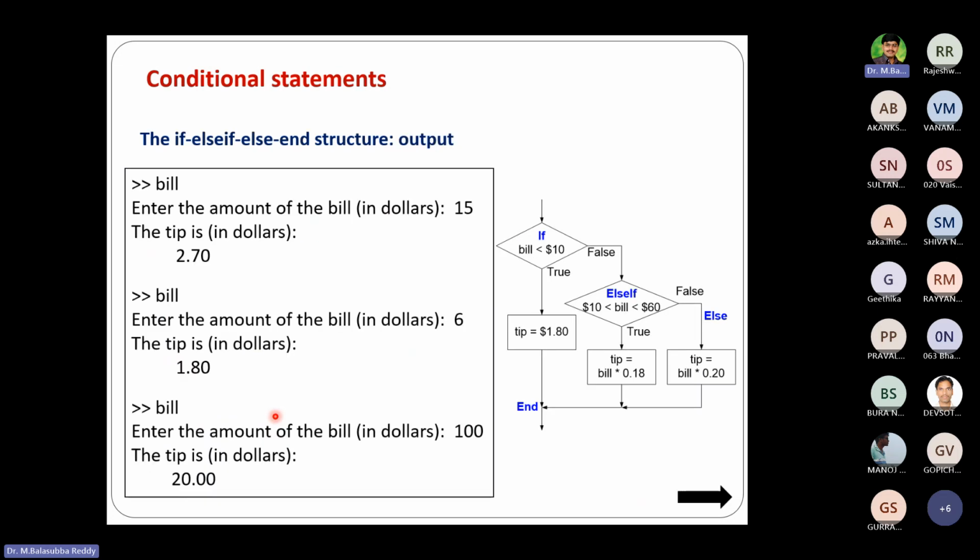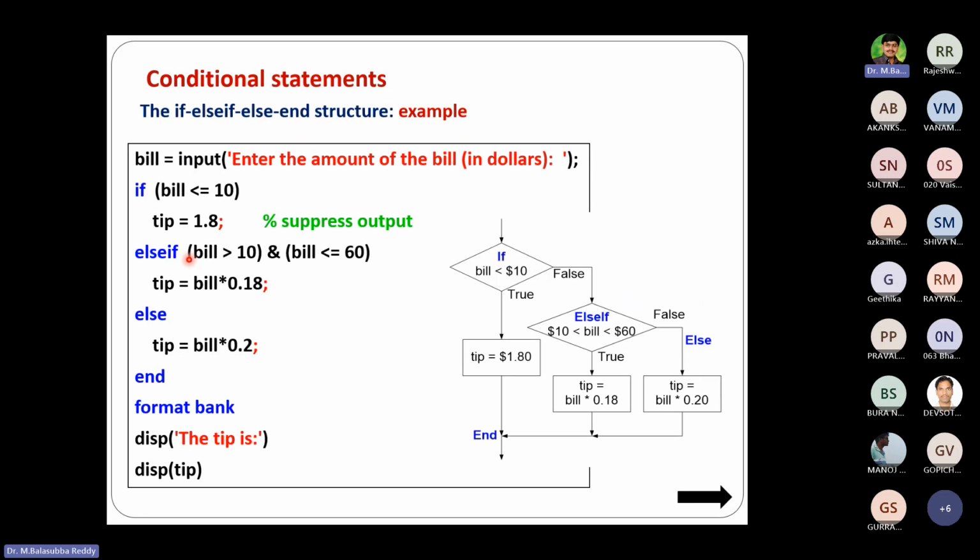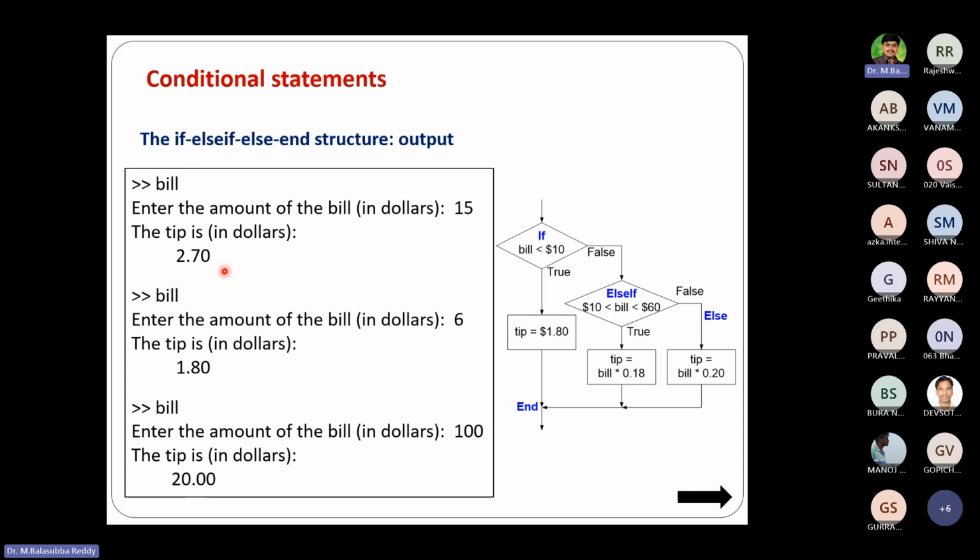So now I entered bill as the file name. Enter the amount of bill in dollars. If we specify 15, then what will you write? Tip is this 18 fixed. The fixed is only for less than 10, but greater than 10 it is 18%. So it will return 15 into 0.18.